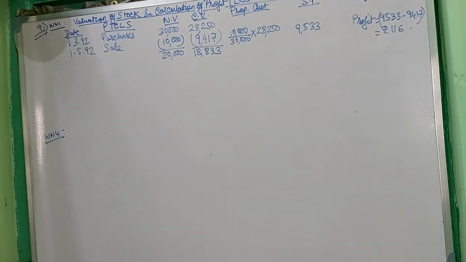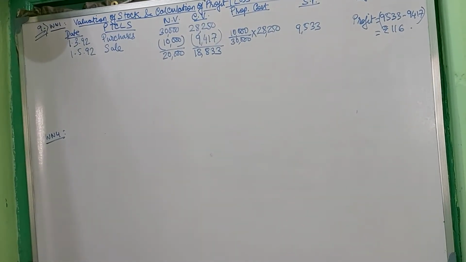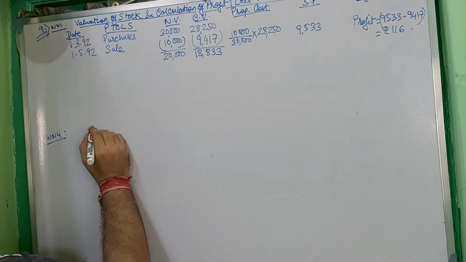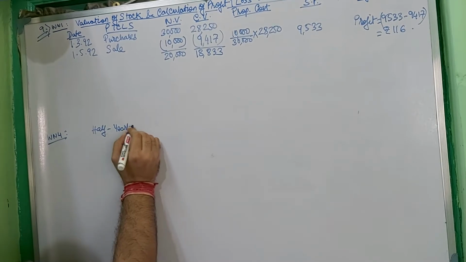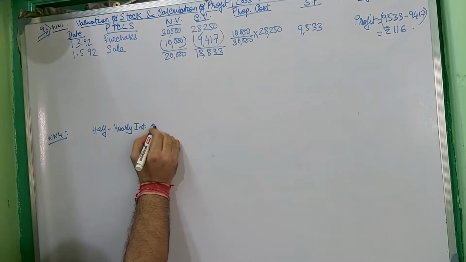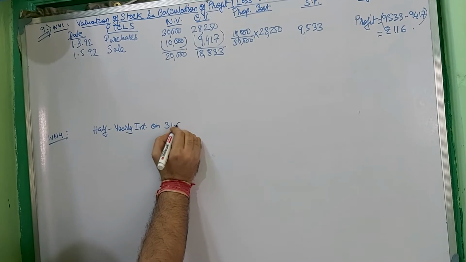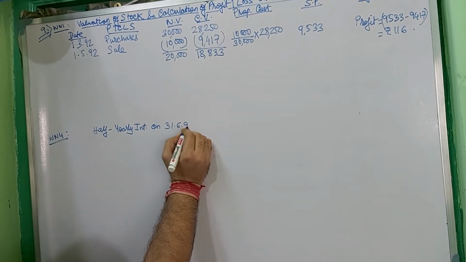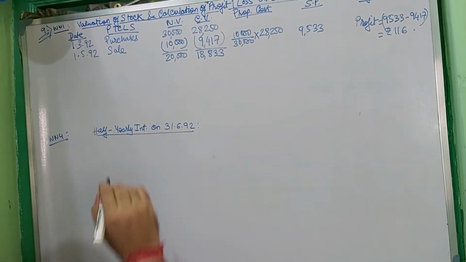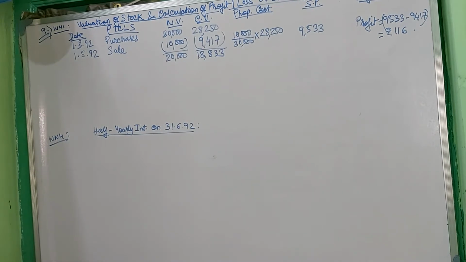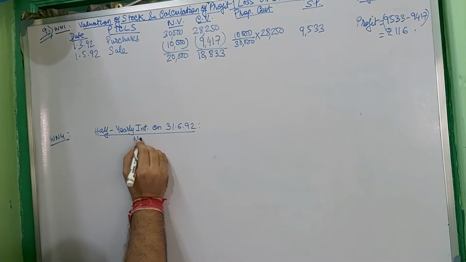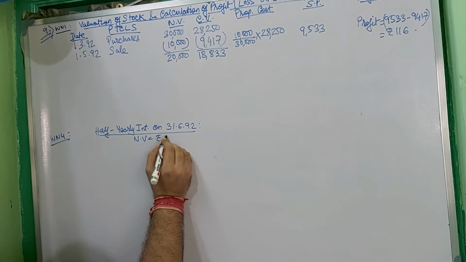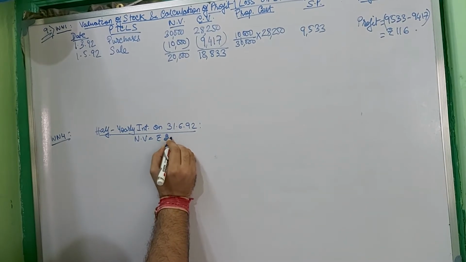Working note 4 is the half yearly interest on July 31st, 1992. Half yearly interest on the nominal value, which is 20,000. So the nominal value remaining on 31st July is 20,000.